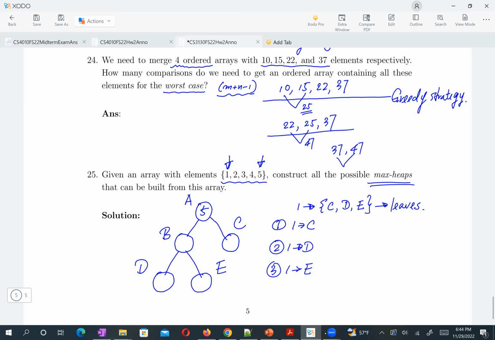Then you consider the remaining nodes following the max heap property. So that's, try to organize your thinking. So a lot of work. You need to try based on this direction.